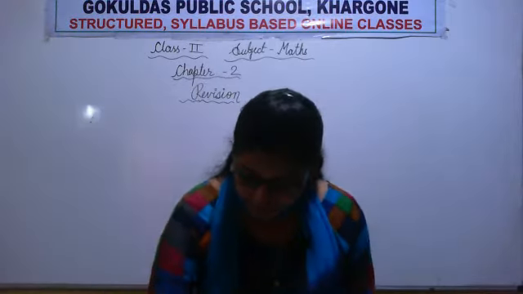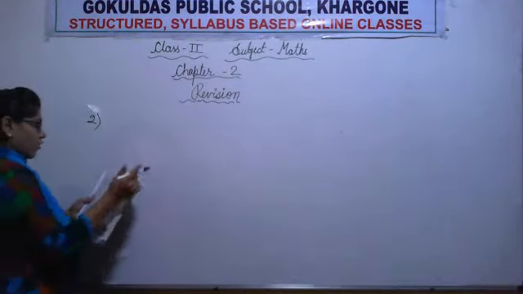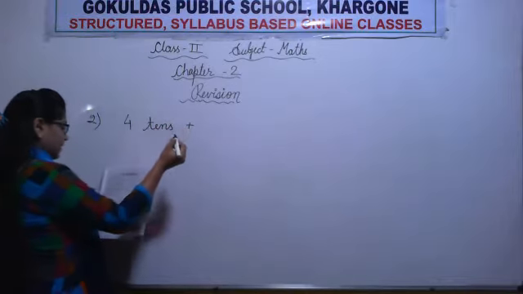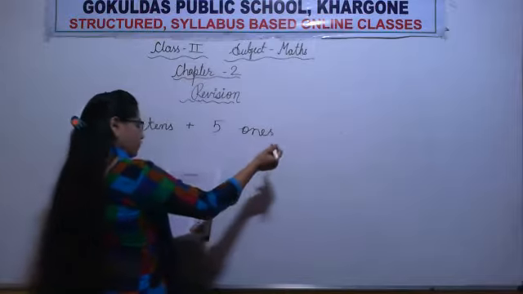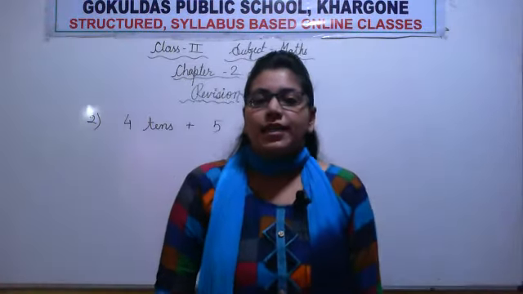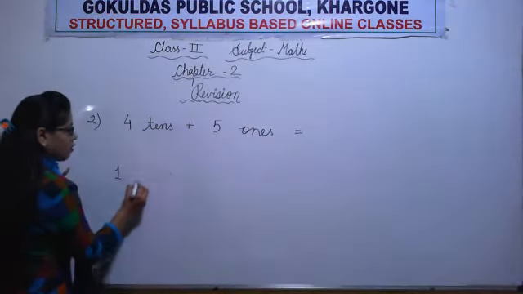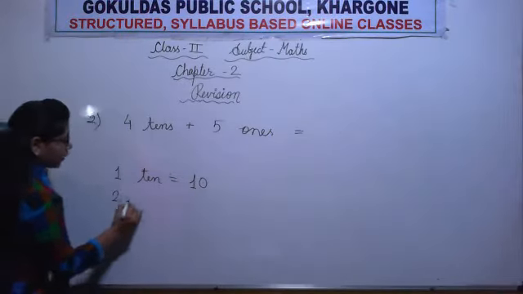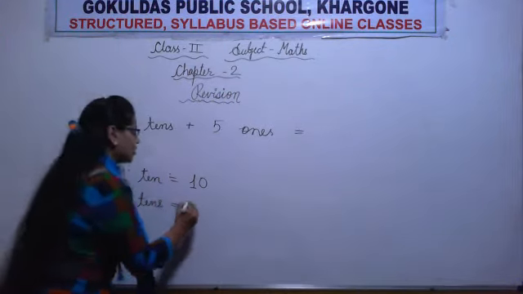Now, question number 2. 4 tens plus 5 ones. 4 tens plus 5 ones is equal to. 4 tens means, let's start with tens. 1 ten is equal to, very good, 10. 2 tens is equal to 20.